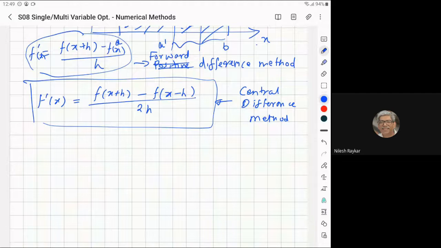There is a series of formulas. If you look into finite difference methods on Google, you will find how to calculate the further derivatives also. Not only the first order derivative, you can calculate f double dash, f triple dash. They are known as finite difference methods, an entire branch of mathematics for doing calculations.